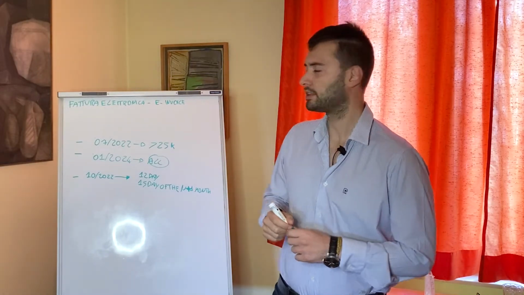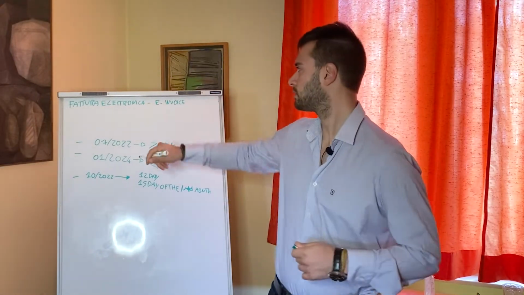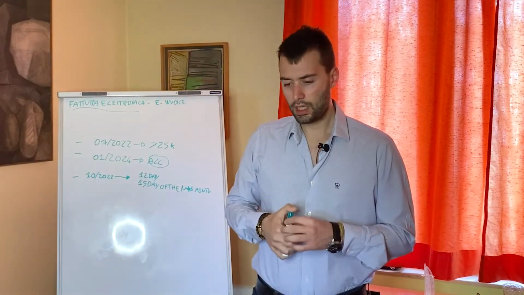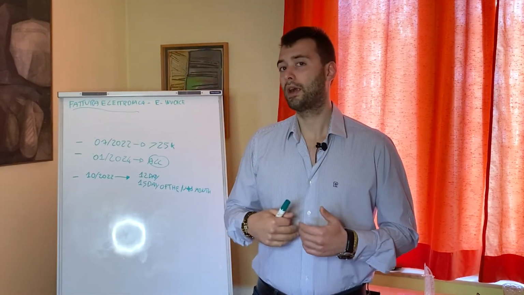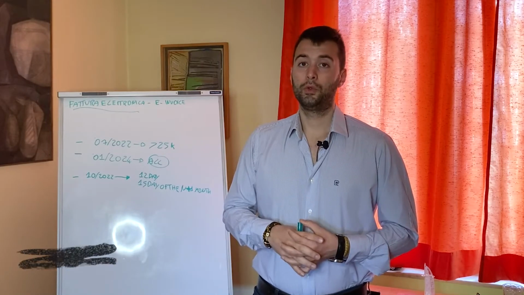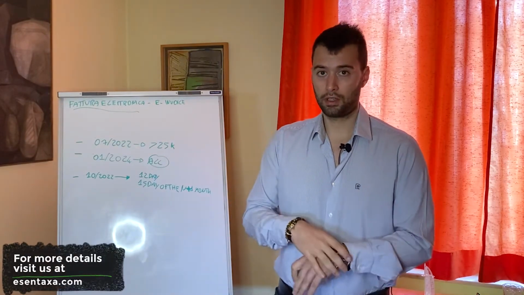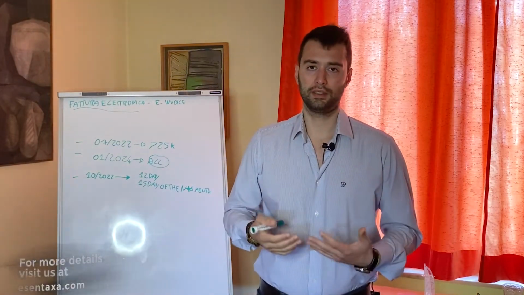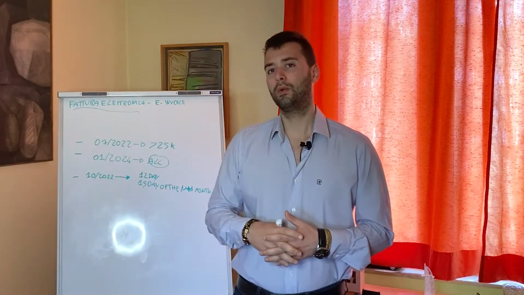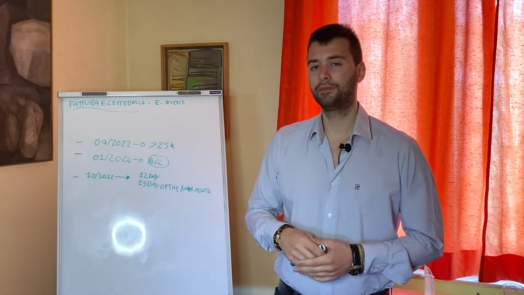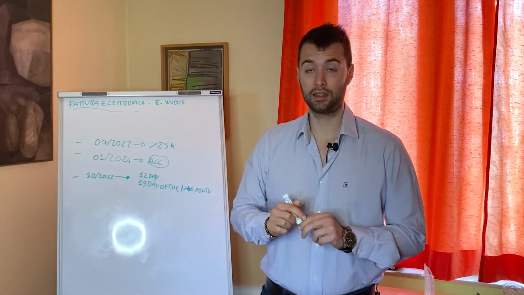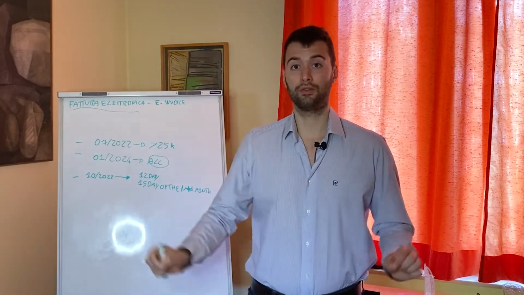So first of all, this is one of the first videos about the fattura elettronica. In Italy, when you are invoicing, it is mandatory for companies to use the e-invoice. What is this? Basically, when you issue an invoice, you have to send it to the client via a digital format.